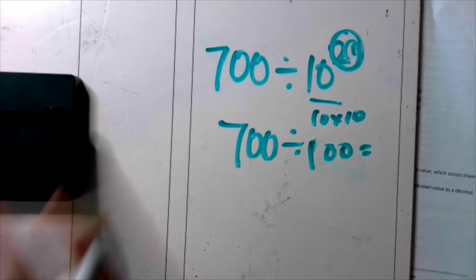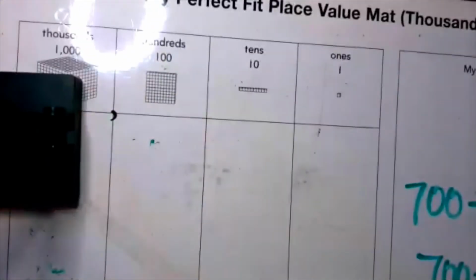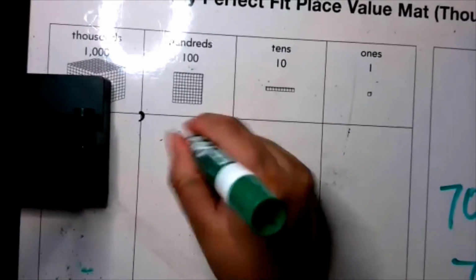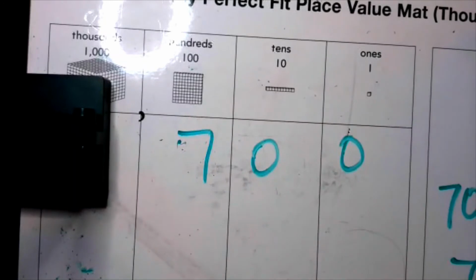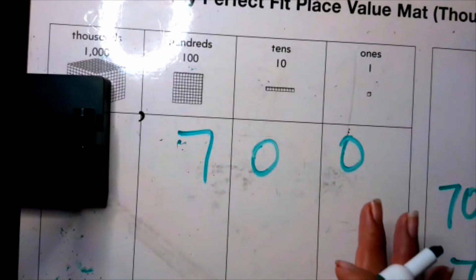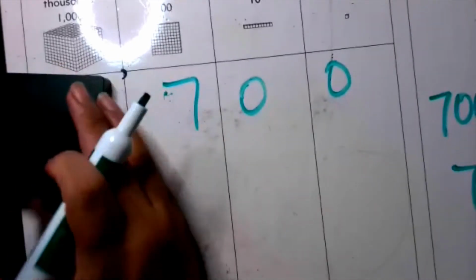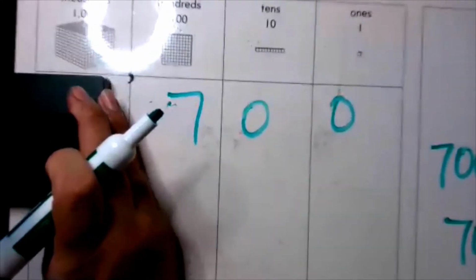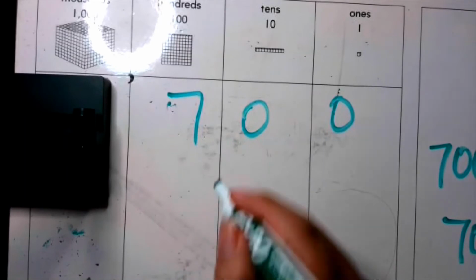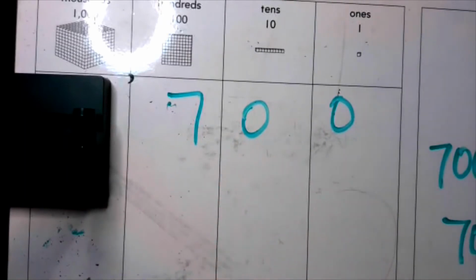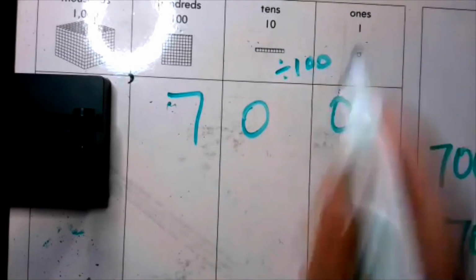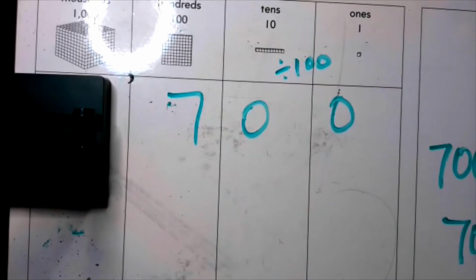So our first step is going to be, I'm going to use our place value chart again. Right, 700. Really, this is the same thing that we've been doing yesterday with shifting over to the right for dividing and shifting over to the left with multiplying. So since we are dividing by 100, how many places are we going to shift over?